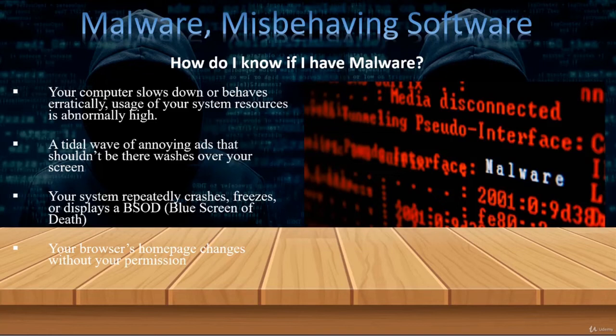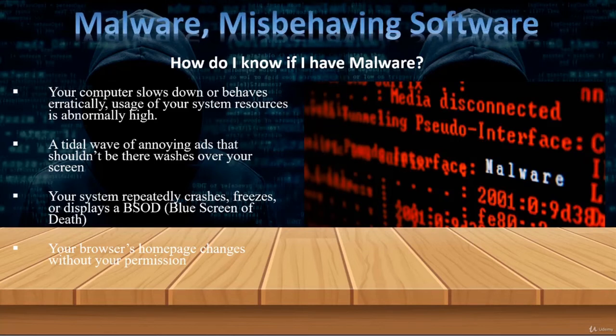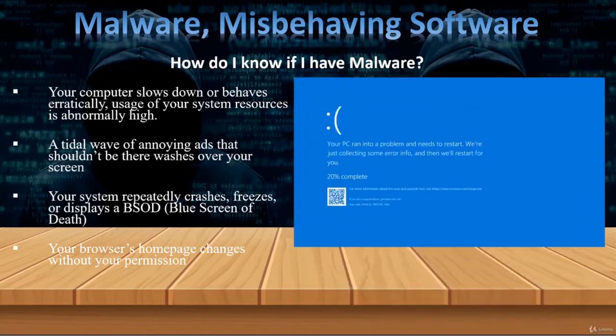Or you'll notice an unexpected change in your internet homepage. If you have adware, you will likely see a tidal wave of pop-ups and annoying ads. At the extreme, your system will have repeated crashes and display BSODs, or blue screens of death.